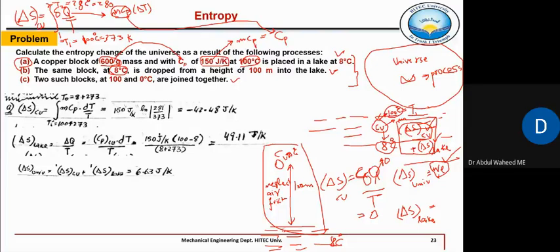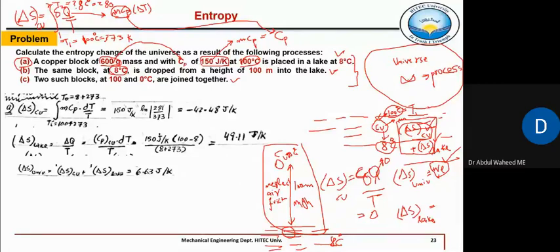Sir, we assumed this because the temperature of the lake is 8 and the block is also 8. Okay, let's see, that is what I am explaining to you. See, when this copper hits this lake, what will happen? The energy was mgh, with which it strikes this lake. This mgh converts into half mv square and it strikes this lake.